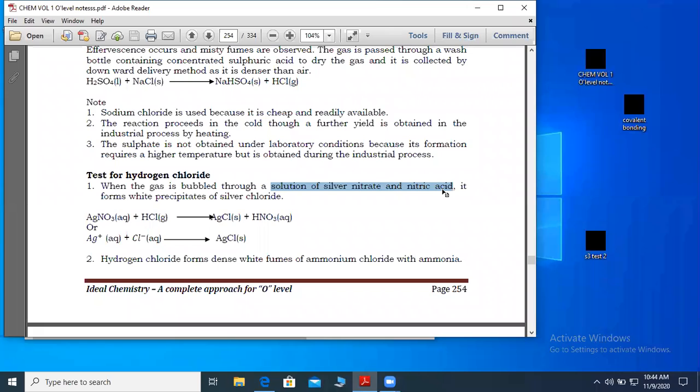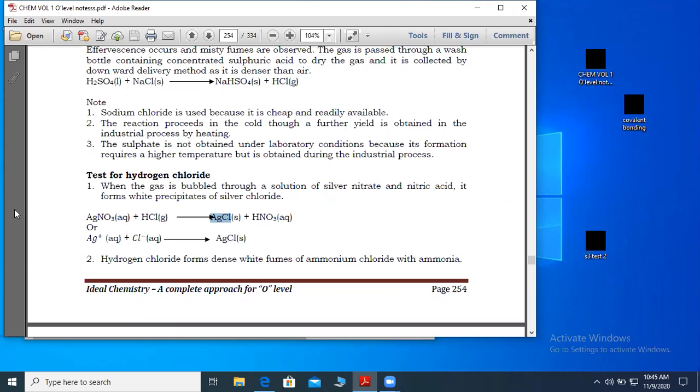Yeah? When silver chloride is formed, it appears as a white precipitate because it does not dissolve in water.